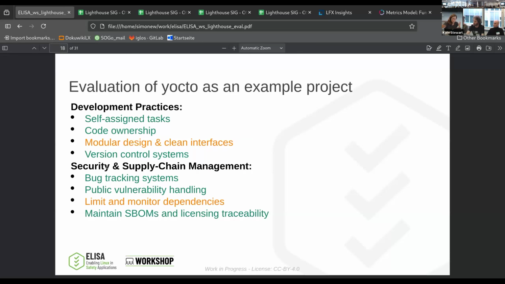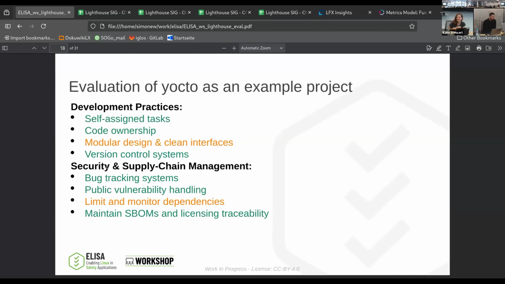Nobody's telling or assigning it. I assume that this is rarely an issue in open source projects. For code ownership, there are, I would say, subsystem maintainers for different parts, and this is also clearly defined, and I had no problems finding it.